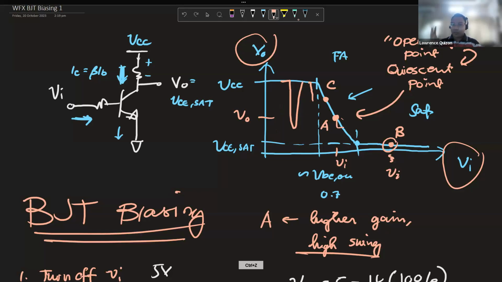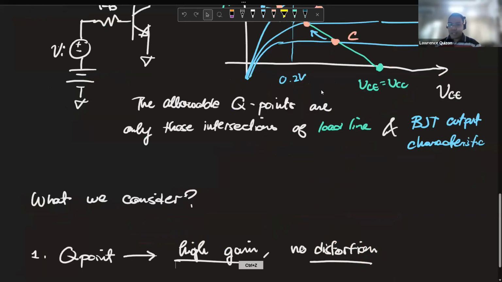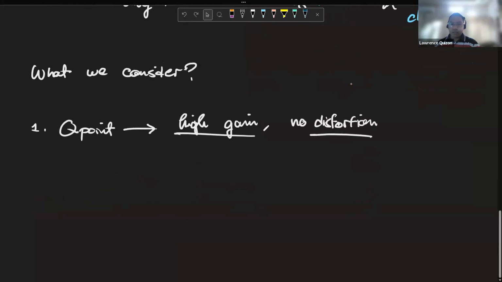So the distortion-free output is the smallest swing, or rather an output swing that allows for the largest expected input size, no?